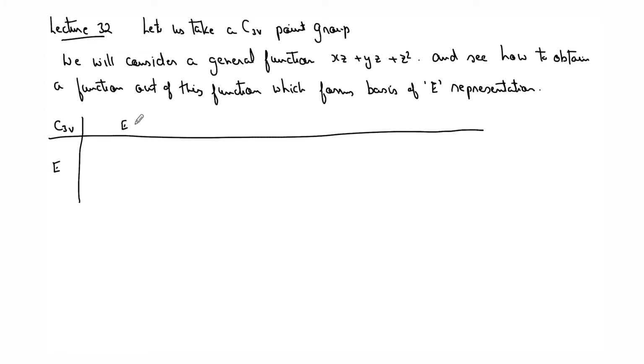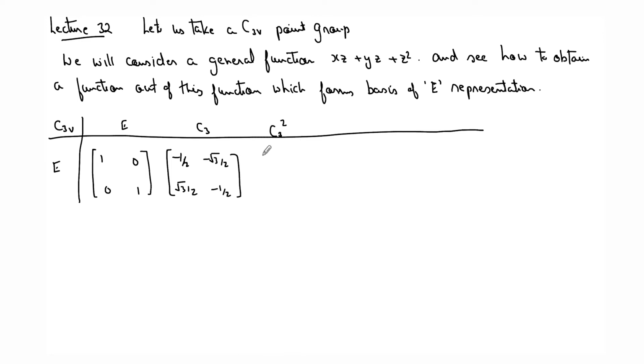For the E symmetry operator, it's a two-dimensional representation because it's E. So this is for C3, we have minus half, minus root 3 by 2, root 3 by 2, and minus half.